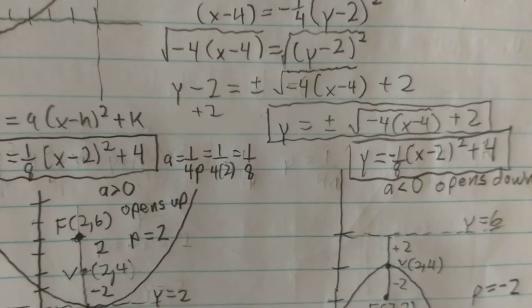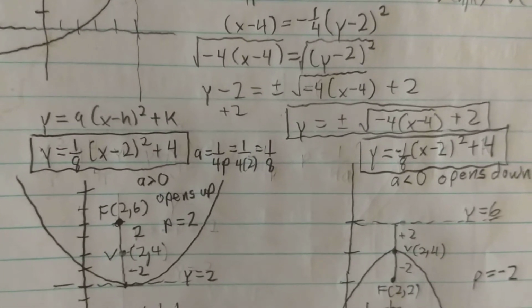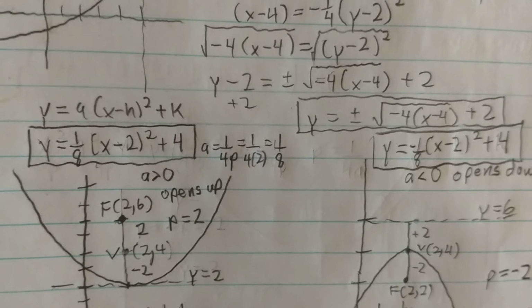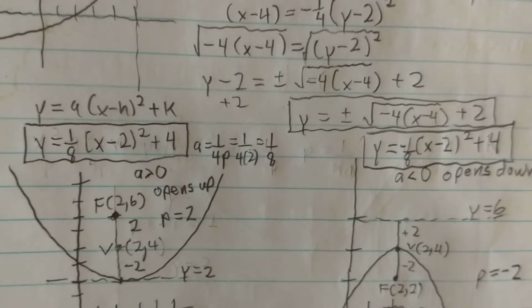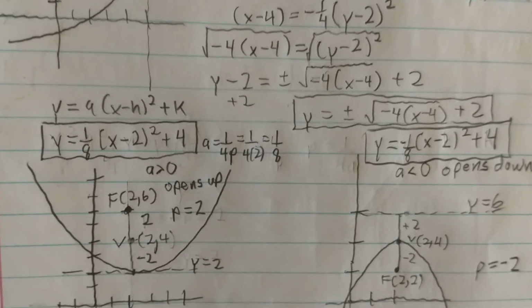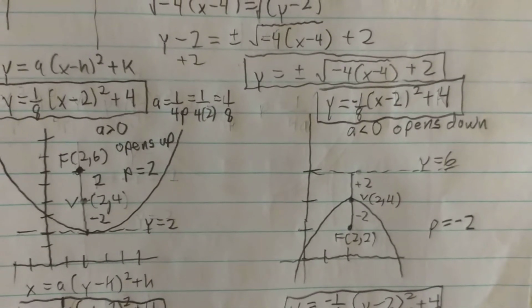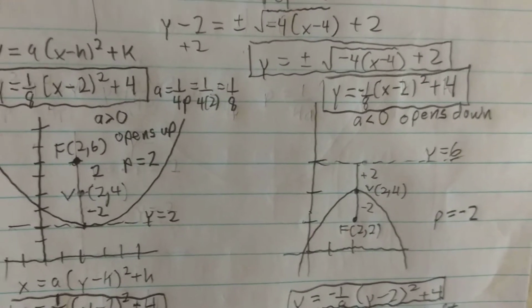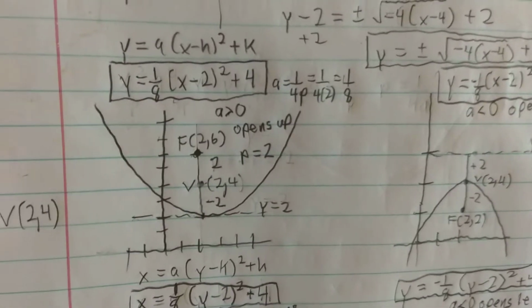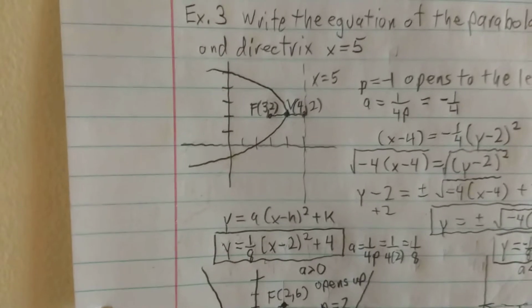Then we can square root both sides, and we get y minus 2 equals plus or minus the square root of -4(x minus 4), and moving the 2 over, y is equal to plus or minus the square root of -4(x minus 4), and then outside the square root plus 2. So that's for example 3.